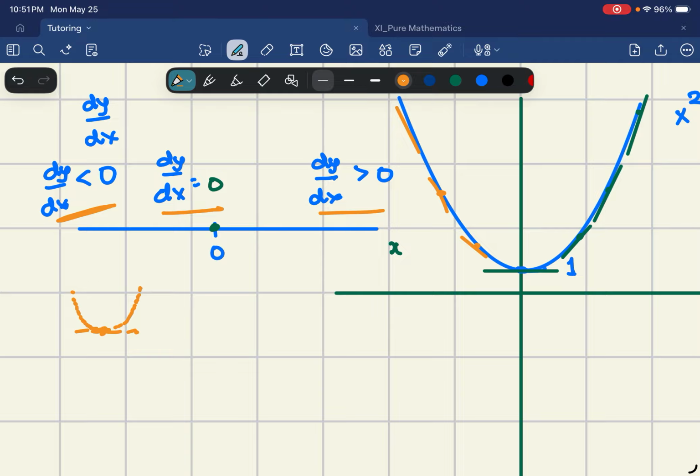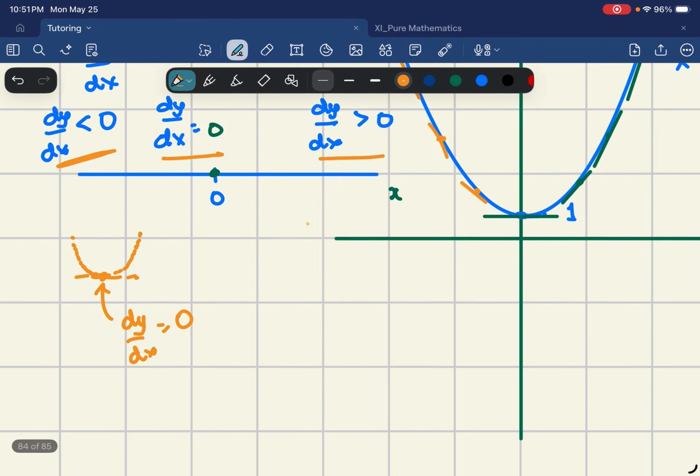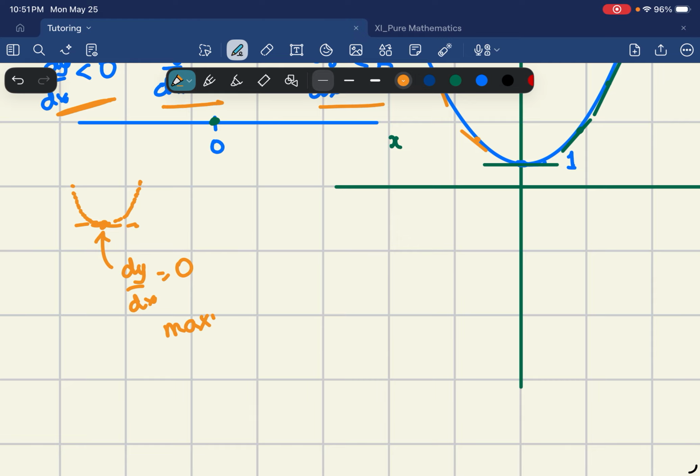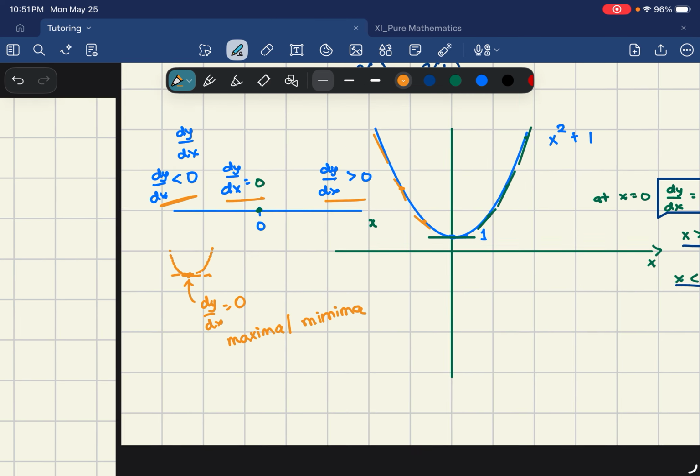And at this point, dy by dx is equal to 0. So this actually indicates where we can find maxima or minima point. Whenever your function is decreasing, it stops and then it starts increasing again, or the other way, if it's increasing, it stops and it starts decreasing, then that has to be a local point of minima or maxima, right?